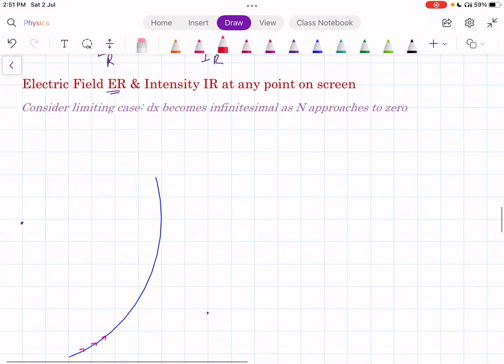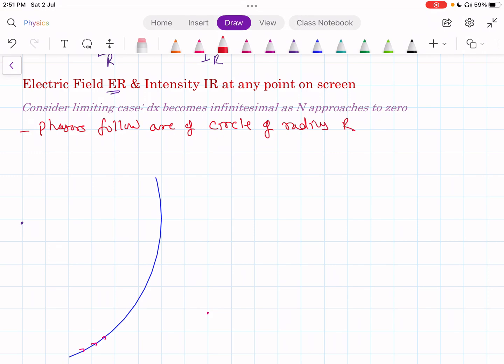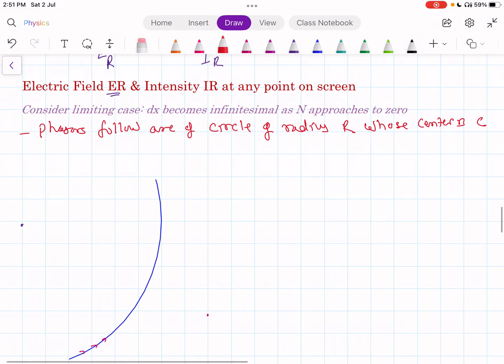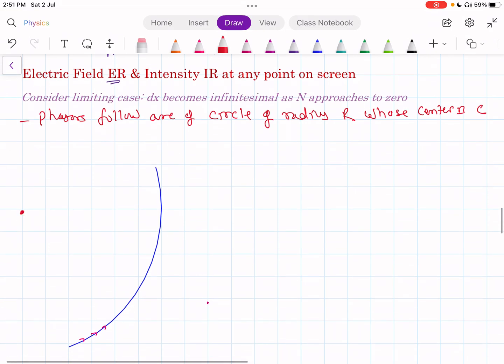So what we are considering here is that the phasors follow an arc of a circle of radius r, whose center is C. So let us say that this is C. C is the center of the circle of which this arc is a part.